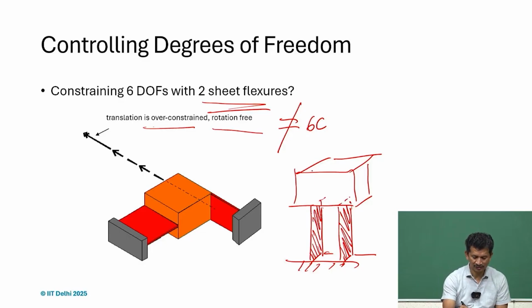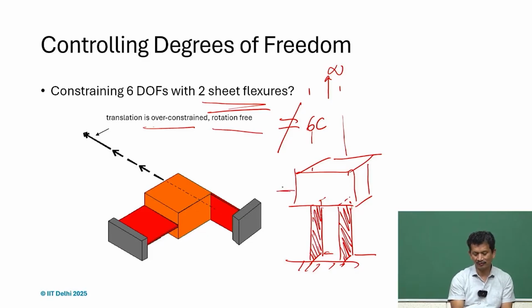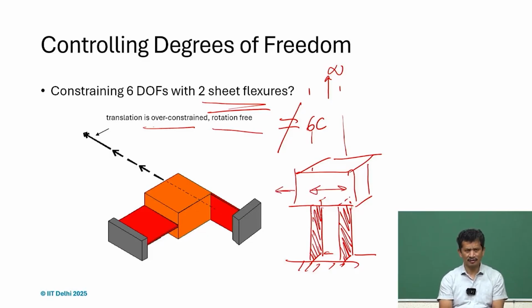I think we can just extend them, and wherever these two planes intersect, there will be rotation. What we realize is that when they are parallel, the intersection goes towards infinity, and if you rotate along that axis, what we get is translation. So, we will get a straight guidance system.